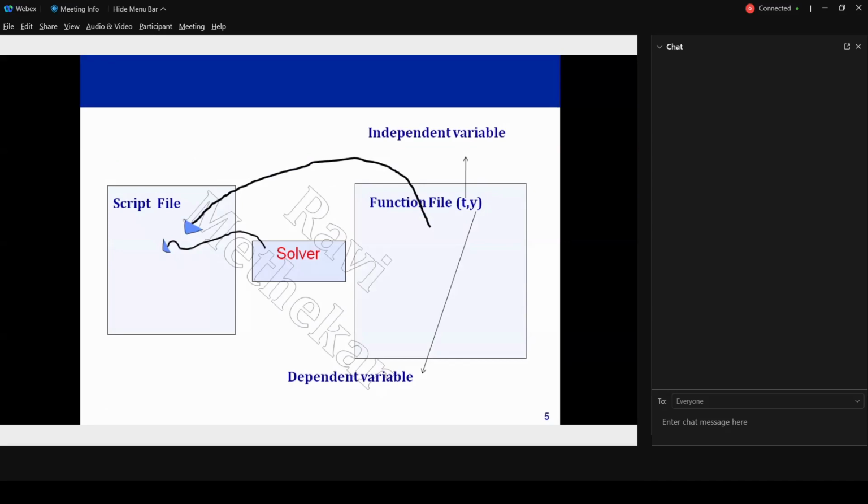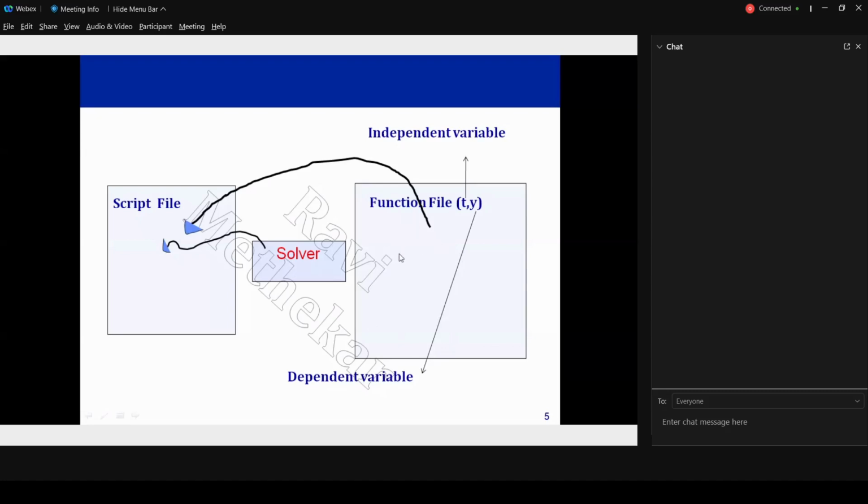That input argument it automatically takes from the MATLAB syntax, once you provide the time span and initial condition. But the order in which you write them should not be interchanged. The first is the independent variable, the second is the dependent variable. This should be very clear. And here you will write all your differential equations and subsequent lines.